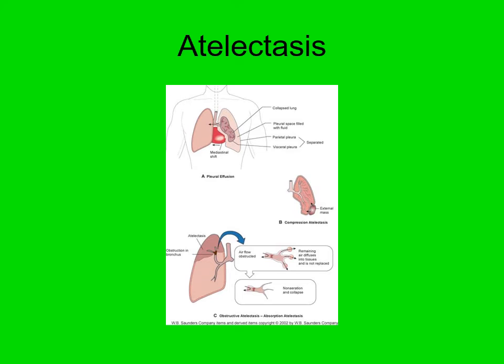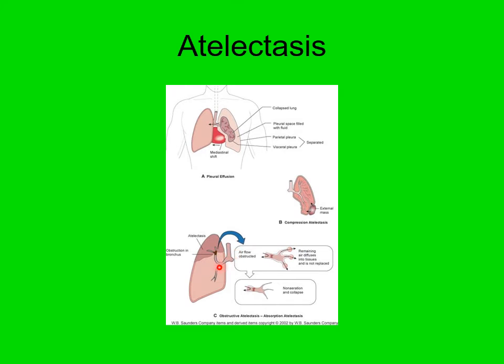So this is showing you a picture of atelectasis and a collapsed lung here, and you have pleural spaces filled with fluid. And there's a separation between the parietal pleura and the visceral pleura. Those are the two layers of the serous membrane. Here's compression atelectasis, an external mass pressing on the lungs causes atelectasis.